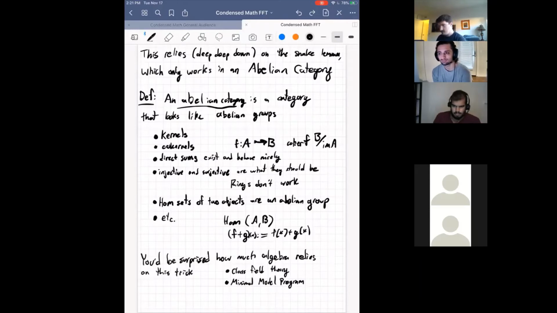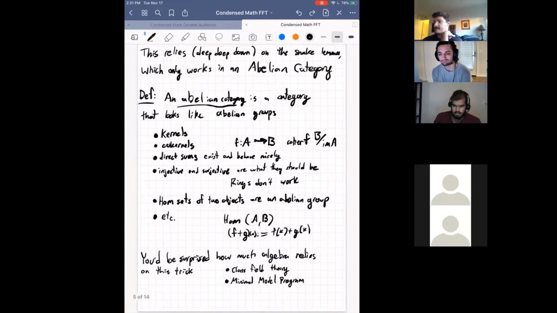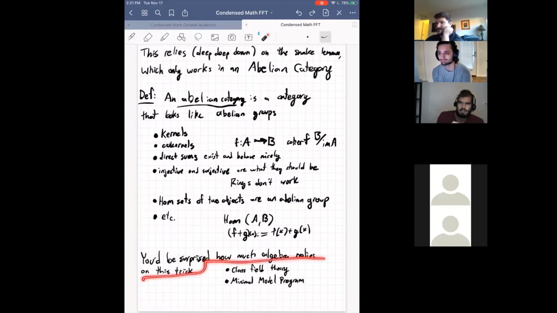Maybe the last thing I'll mention, as an advertisement for abelian categories, is things you can prove with them. For example, class field theory.